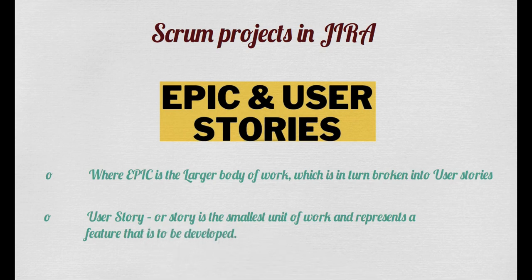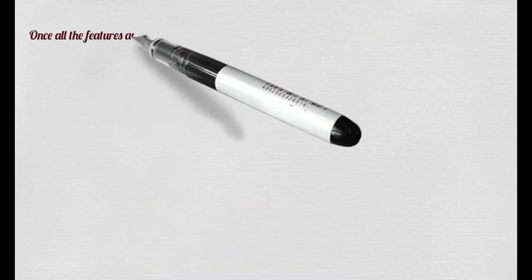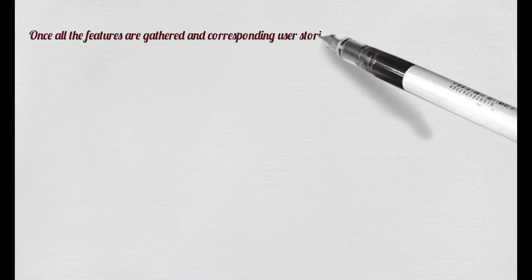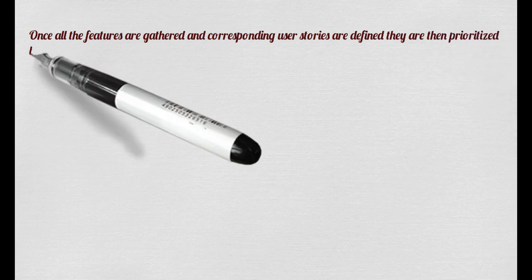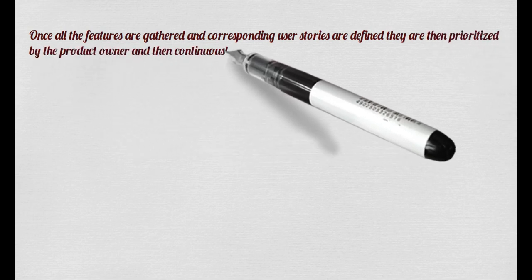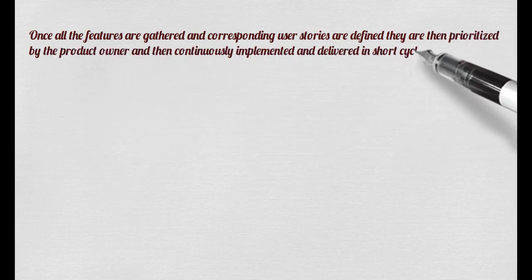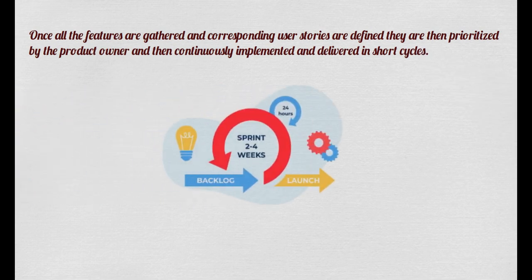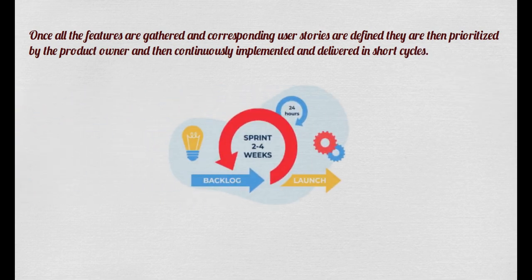So you can say a user story is a subset of an epic. Once all the features are gathered and corresponding user stories are defined, they are then prioritized by the product owner and then continuously implemented and delivered in short cycles known as sprints. A sprint is normally of 2 to 4 weeks duration.